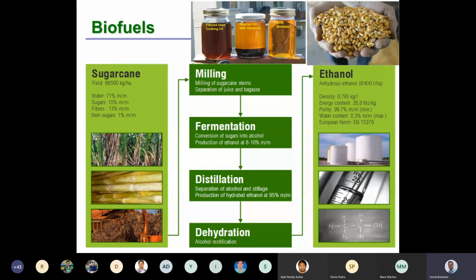Here in Brazil, we had 10 years ago a huge stimulus to produce biodiesel, like we see in this figure on the top of the slide.